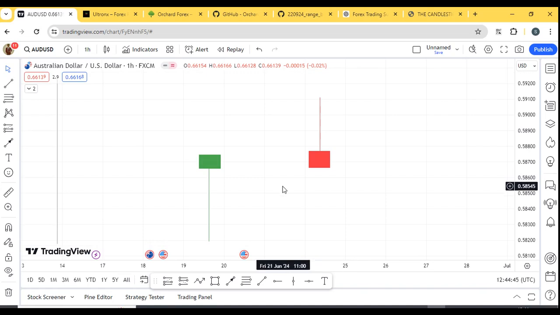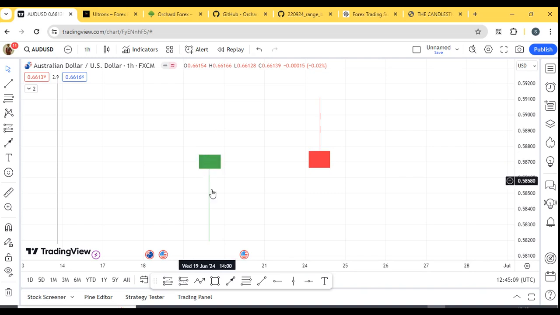We call it a hammer or a pin bar, and it can be a bearish candle representation or a bullish candle representation, whichever one.